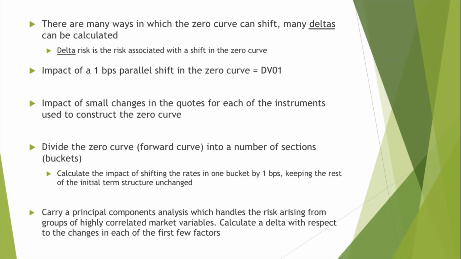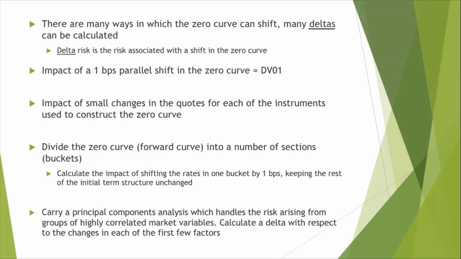In practice, traders tend to prefer this approach, since the only way the zero curve can change is if the quote for one of the instruments used to compute the zero curve changes. So it makes sense to focus on the exposures arising from changes in the price of these instruments.